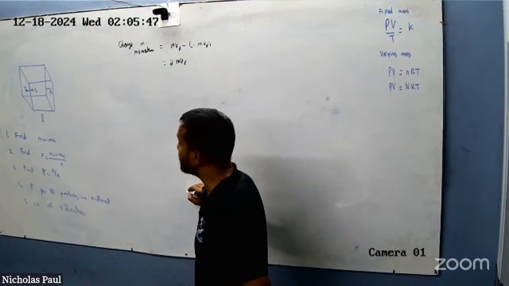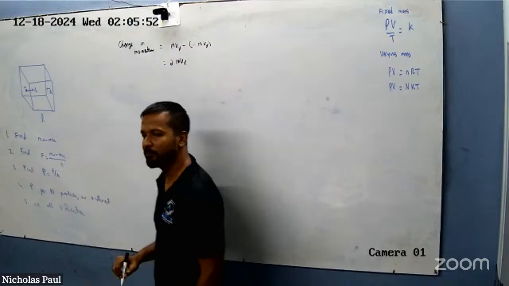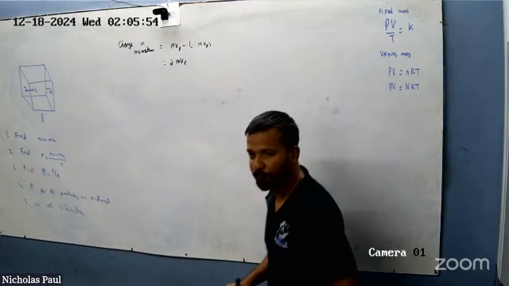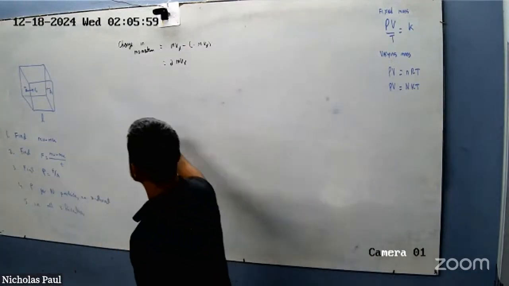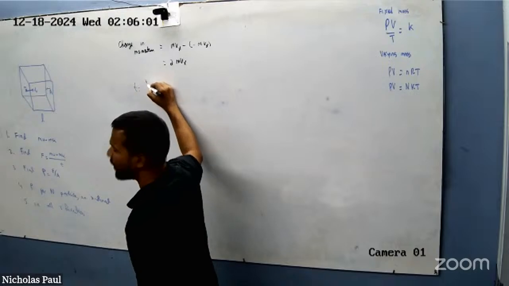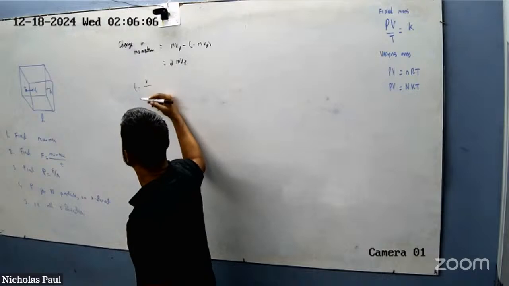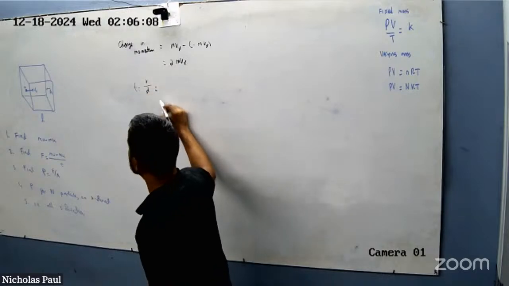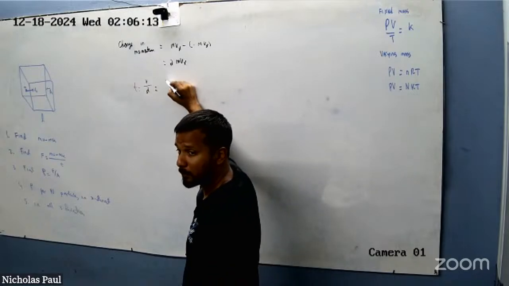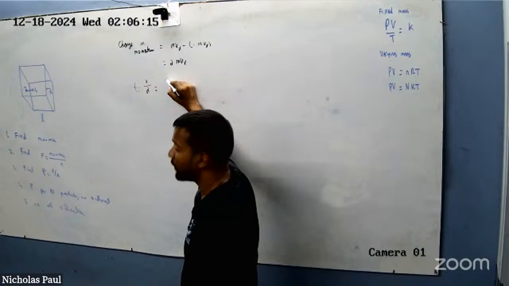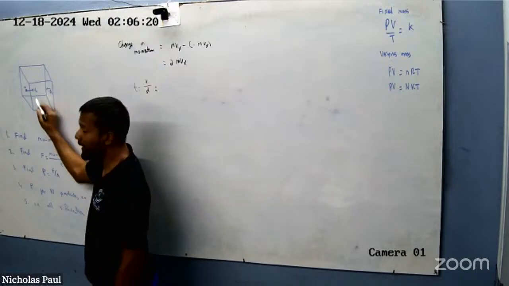Remember we need time. How do we get time? Speed is distance over time, so time is distance over speed. What's the speed the particle is moving with? Just vx.